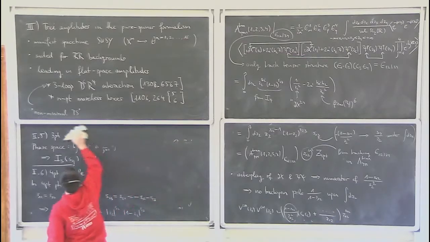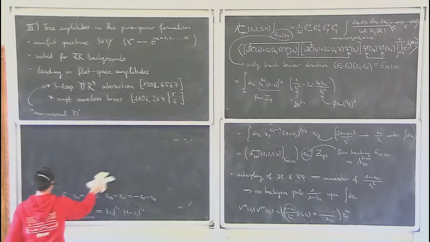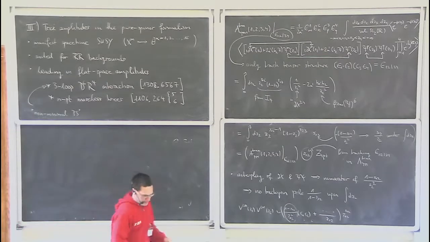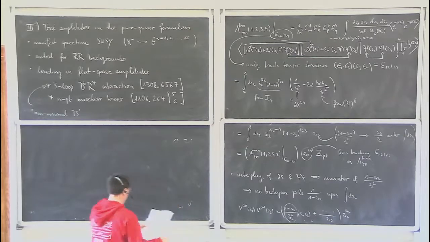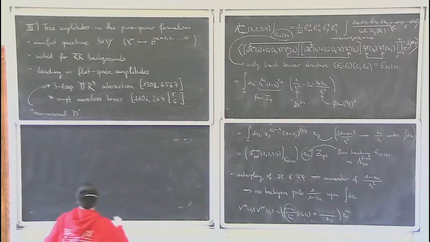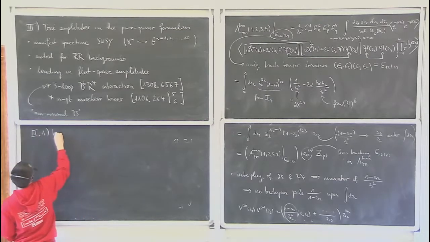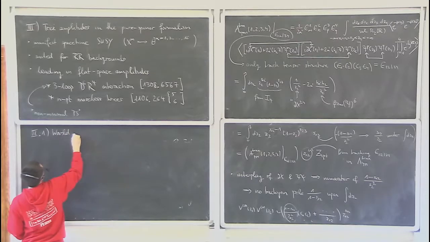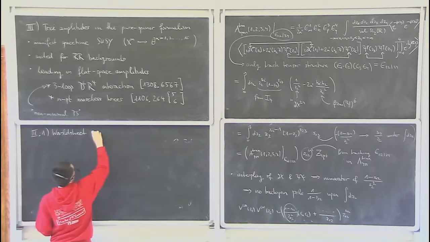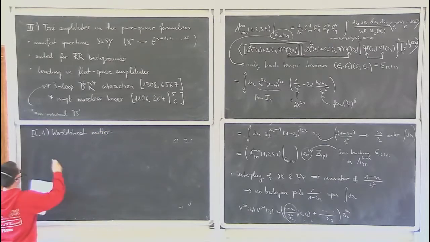Let's now get to the worldsheet action of this model, of the minimal pure spinor formalism. This time I will be more explicit about the ghosts, but before introducing the ghost sector, let me first give an account of the matter variables.